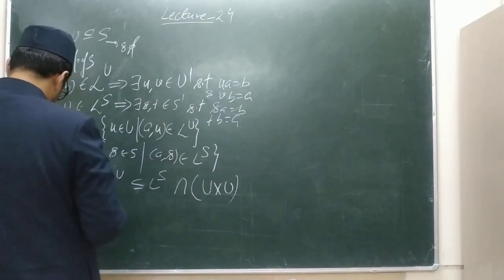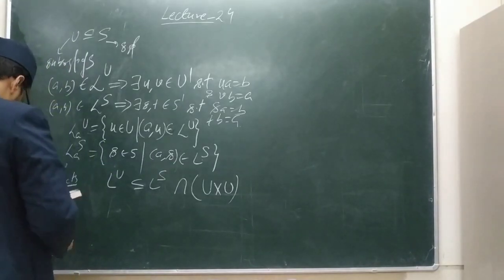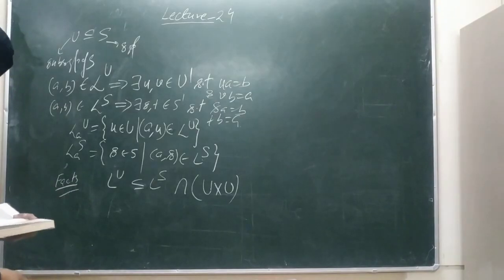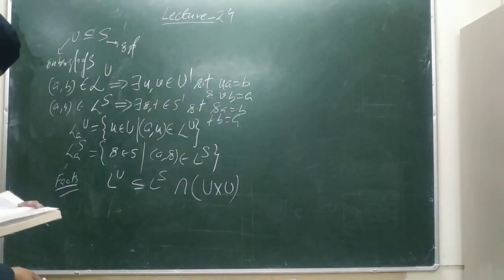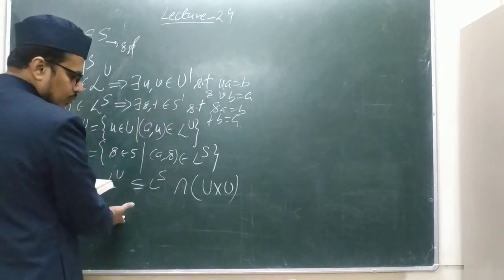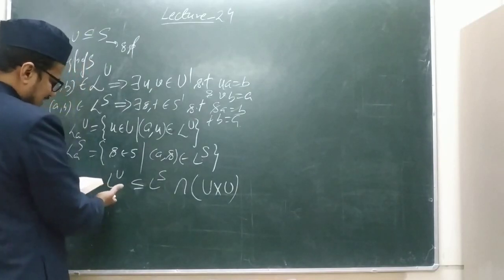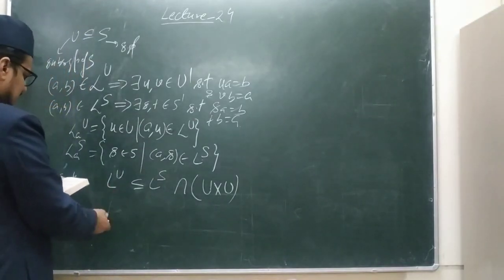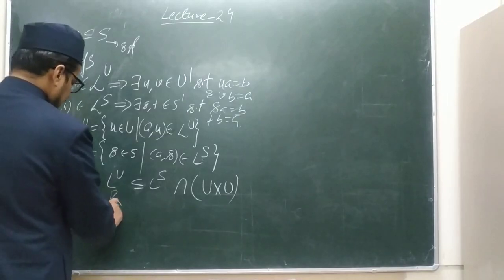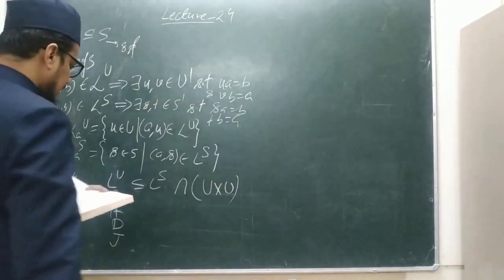It's very easy, correct? Similarly, we can write this for R, H, D, J. The same thing is true, correct?